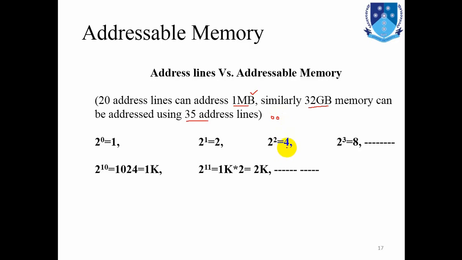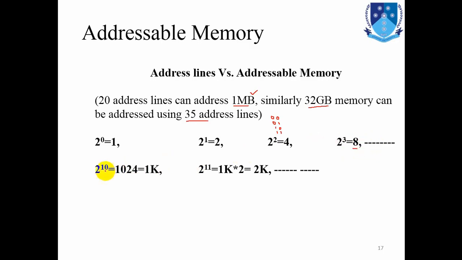The possible unique combinations are equal to 4. That is 00, 01, 10 and finally 11. By including another binary bit, we will have 8 different combinations. In similar fashion, if we increase the number of binary bits in the power of 2, we will have a larger number of different or unique combinations.